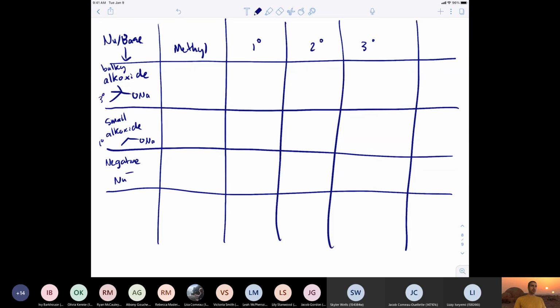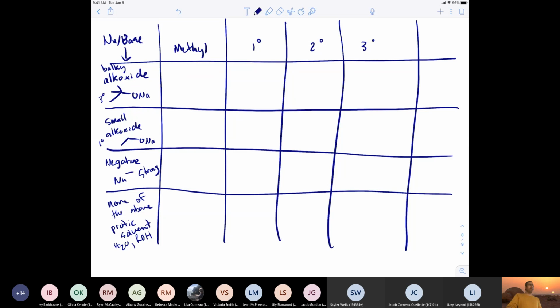Negative nucleophile is the next one, like chloride, iodide, cyanide, azide, sulfide. If you checked out the Instagram, there's a new table with all the nucleophiles that we use. It breaks down which ones are strong, which ones are weak. So we'll just say strong nucleophile here. Or none of the above, but you have a product solvent, like water, alcohol, something like that.